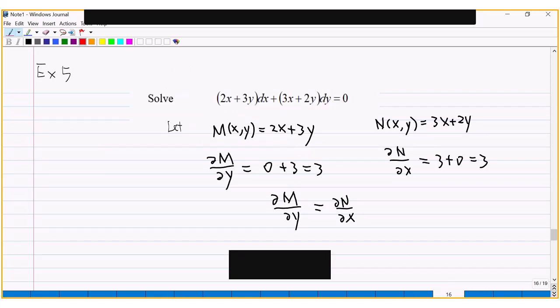So this is exact. Straight away you know that this is exact. Okay, so this is an exact equation. So if this is an exact equation, how do we find the answer?